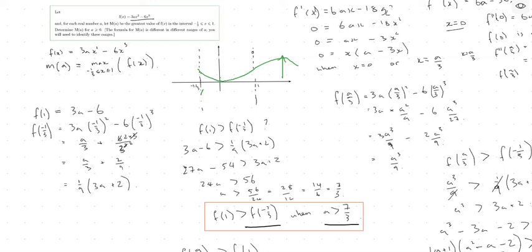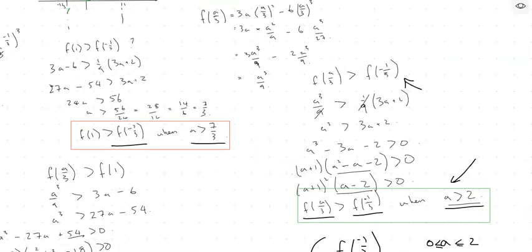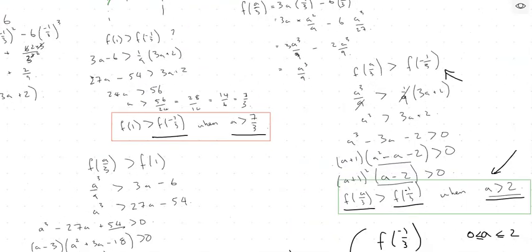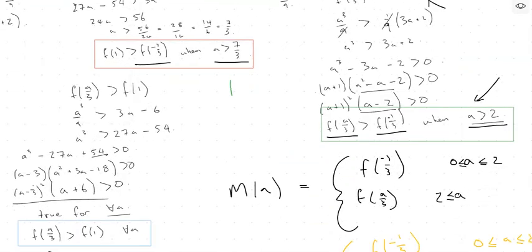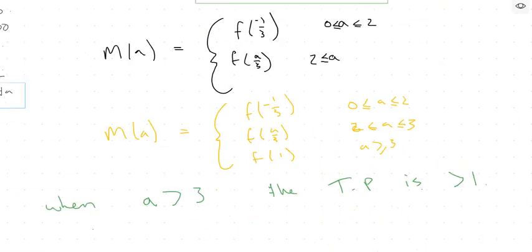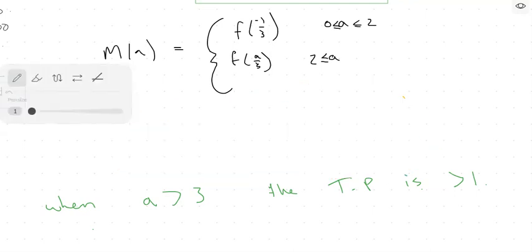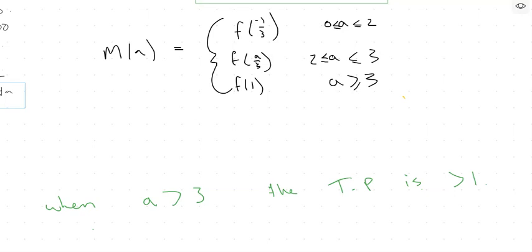So if the turning point's outside the range that we want, this one must be bigger. Does that make sense? f of 1 must be bigger, because we've got this condition here. So the mark scheme is correct, and I just couldn't see it. So actually this is when a is between that and 3, and f of 1 when a is bigger than or equal to 3. There you go.